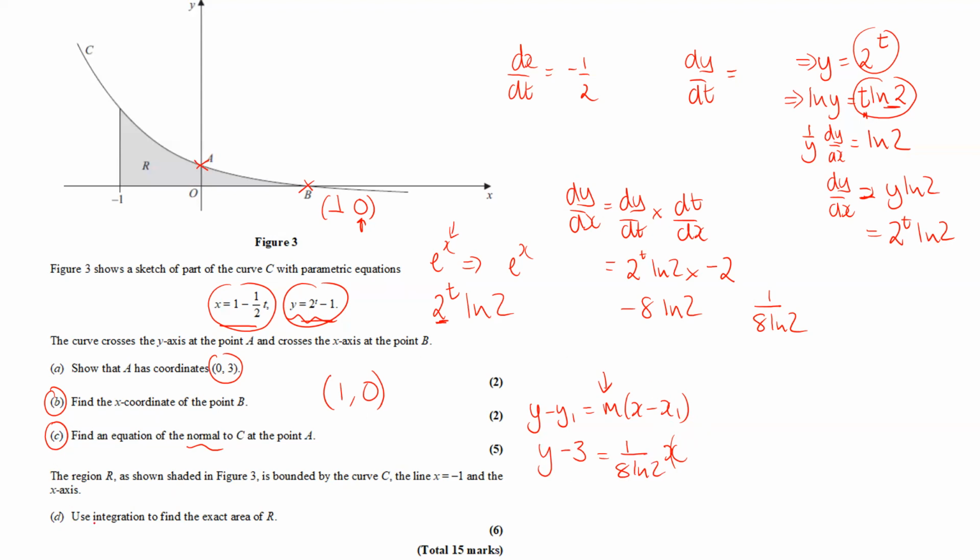And then for part D, we've just got to use integration. So last bit, we'll just do integration. Now, when we're doing parametric integration, what you've got to do is you're integrating between here. This was -1, and we found b to be 1, of y dx.